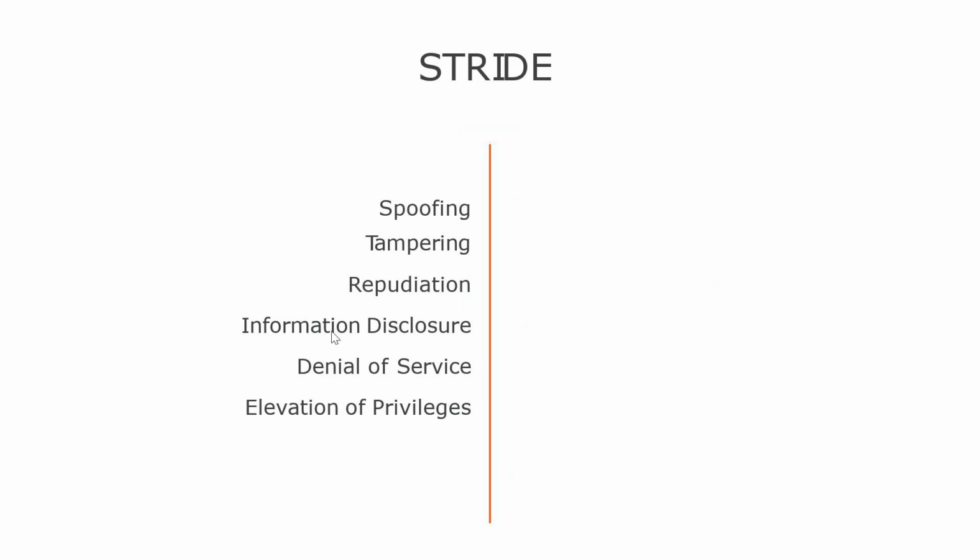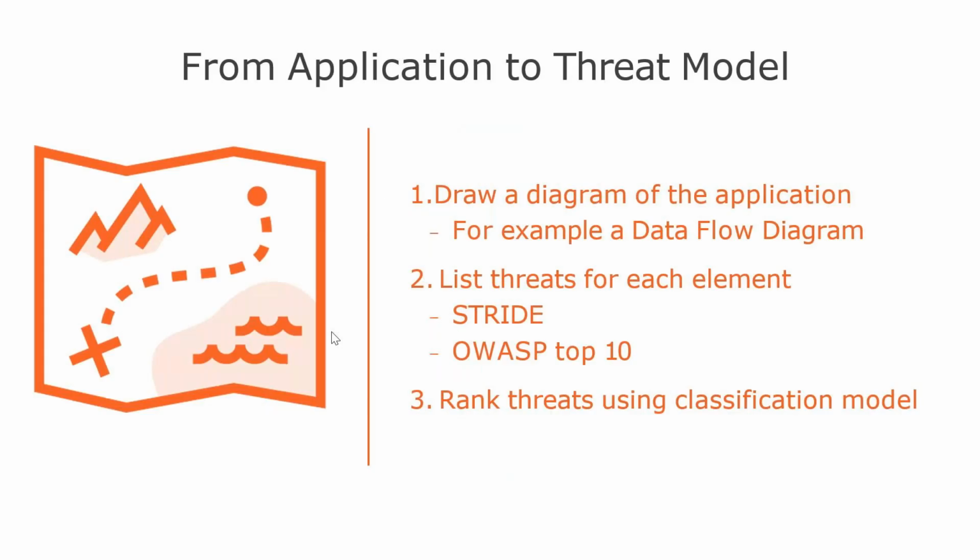STRIDE: S for spoofing, T for tampering, R for repudiation, I for information disclosure, D for denial of service, DDoS attack also you can say, and E for elevation of privileges. So this is one popular model for application threat modeling.